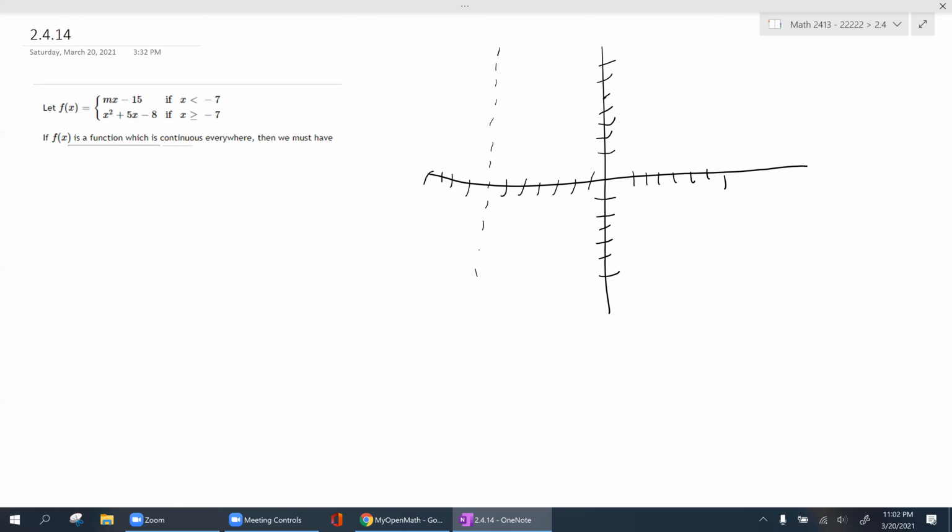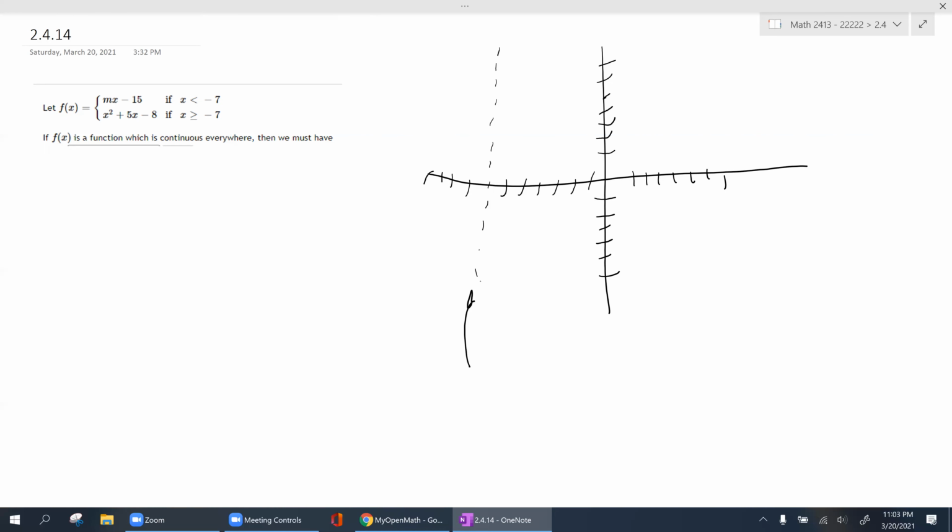So to the left of this, I have this equation that's mx minus 15, where m can really be any number. And then to the right of that asymptote, to the right of this vertical line here, another function exists, which is x squared plus 5x minus 8.